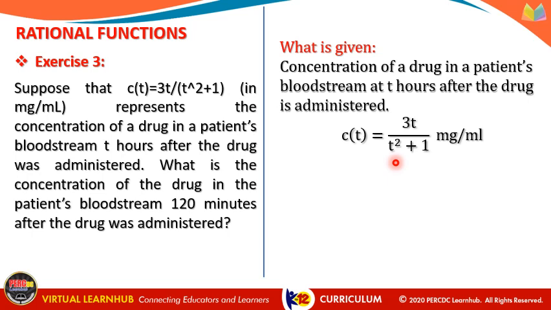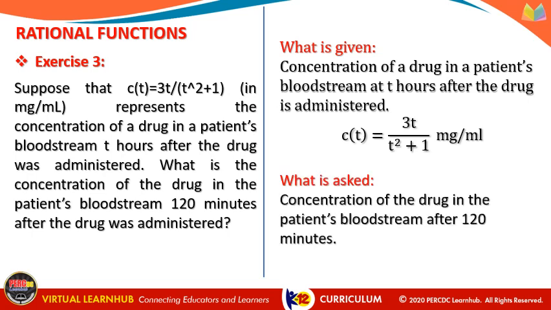Kagaya ng last problem, as long as yung t is naka-hours, ang magiging unit ng anuman yung sagot nito will be milligrams per milliliters. Alright. Ano yung hinihingi ng tanong? So, sabi ng tanong, ilan na daw ang concentration ng drug sa dugo ng pasyente after 120 minutes?